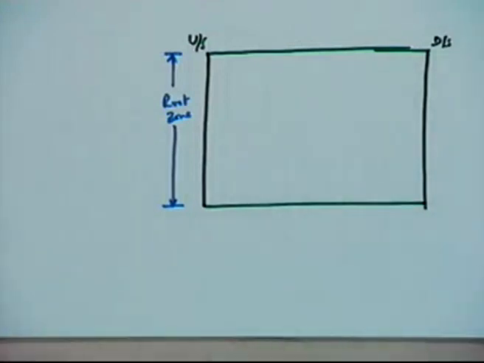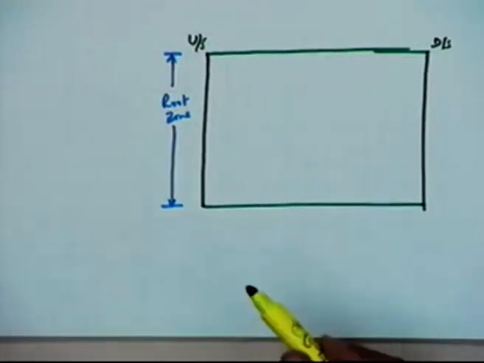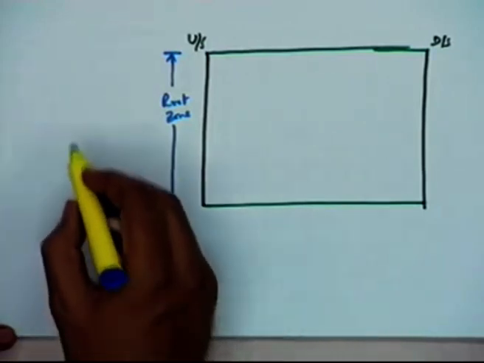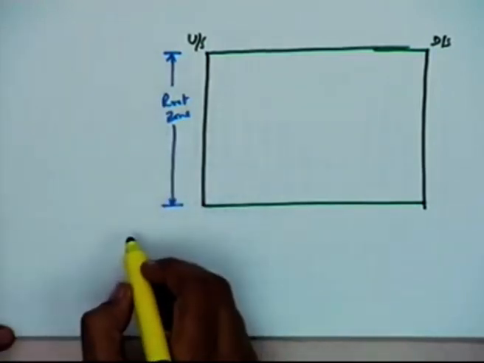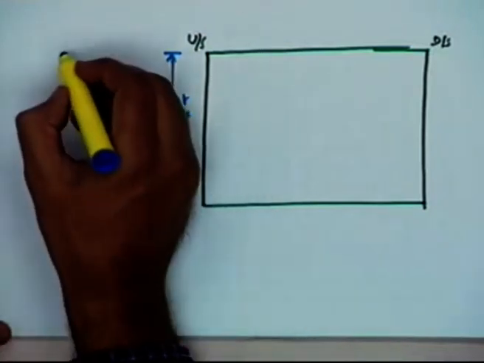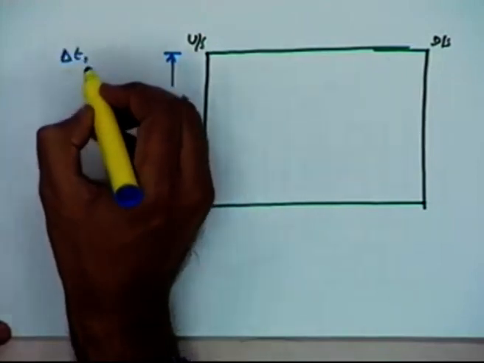So if that is the case, let us look at what will be the depth of water infiltrated in the first time interval, which is delta T1.